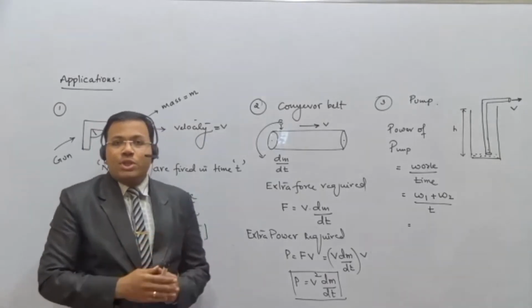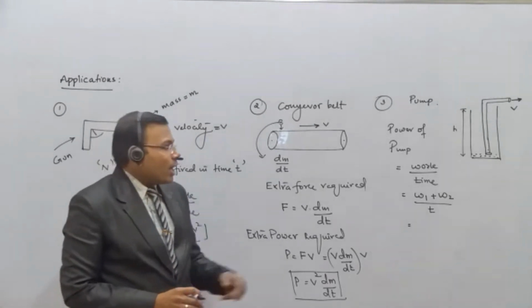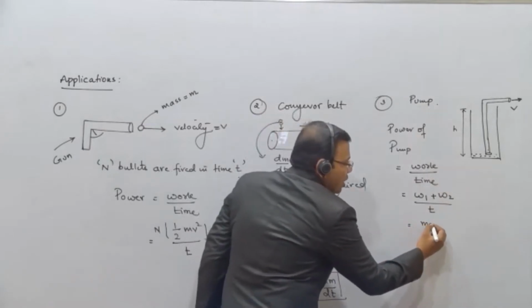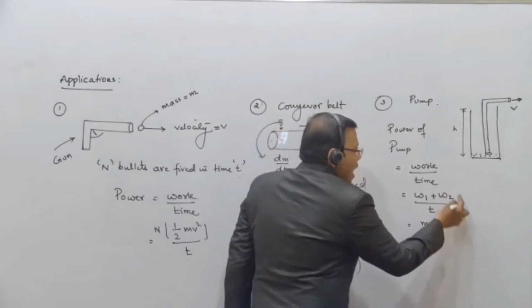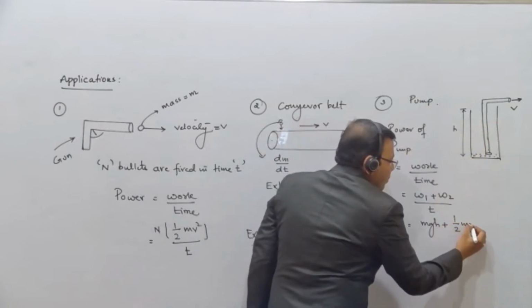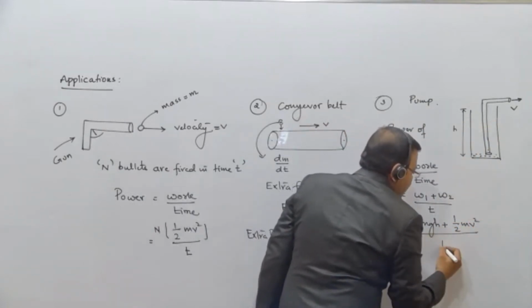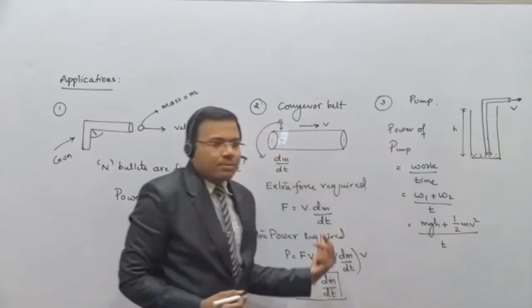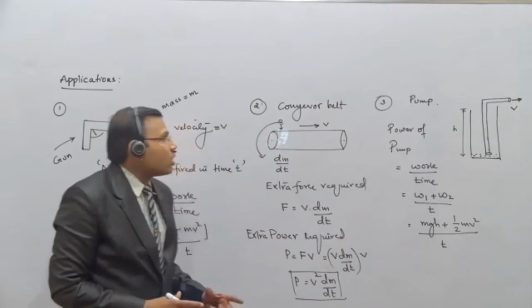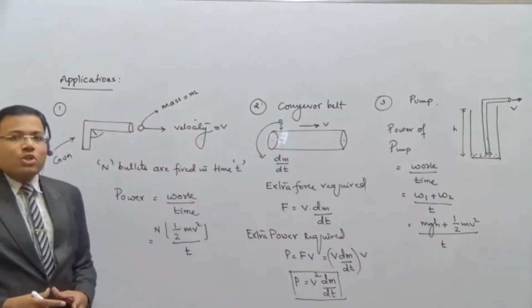So for lifting the water I take the formula mgh, plus, for ejecting the water, half mv square, by t. And from this we can take m common and simplify it.